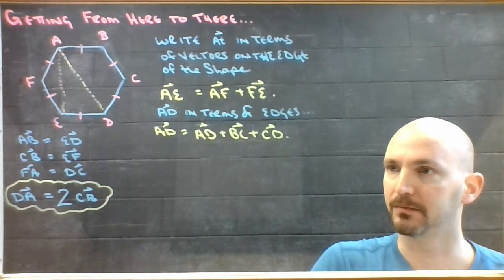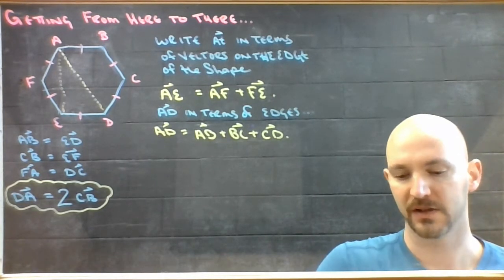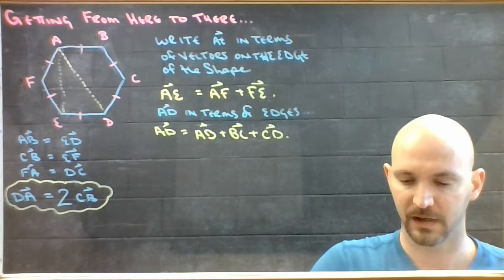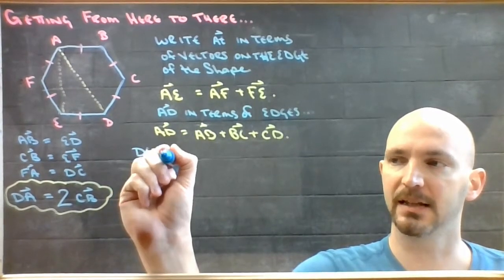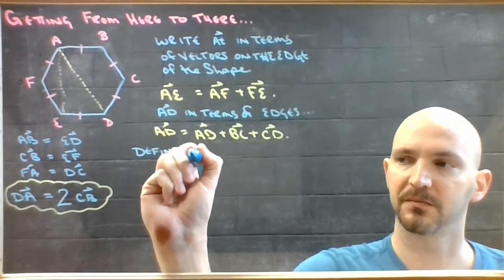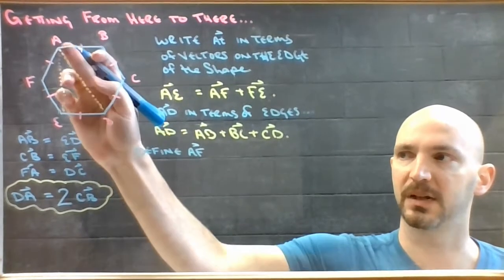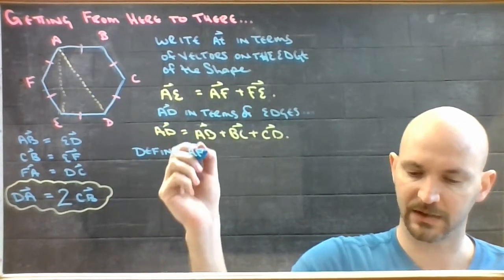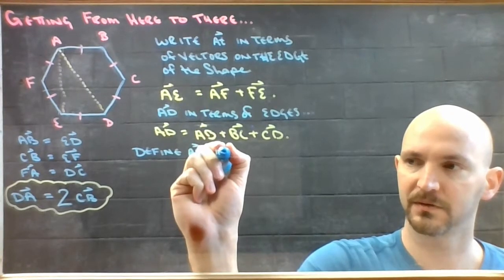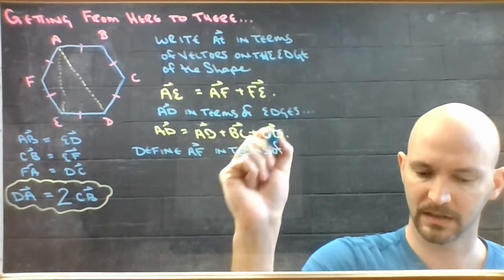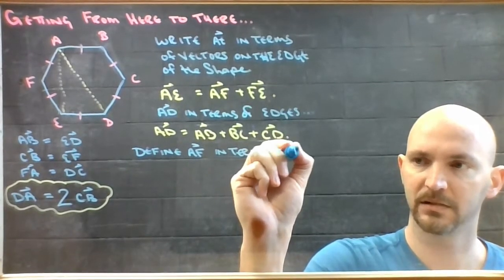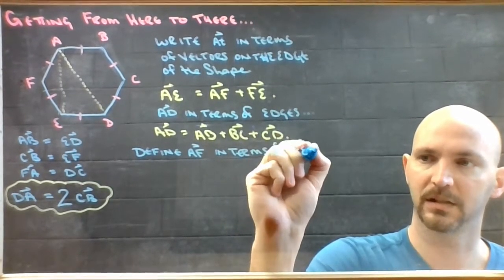All right, good. So next one, I want to try and define A to F, that's from here to here, in terms of FE and BA.